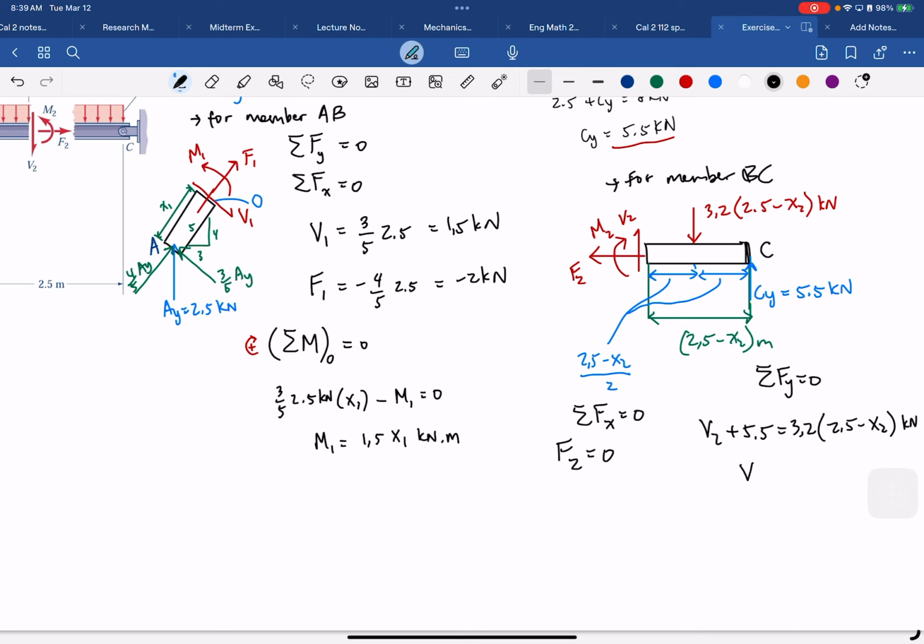So for V2, we can multiply for a while. 3.2, let me multiply this.